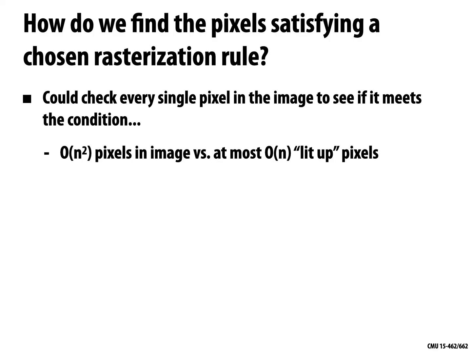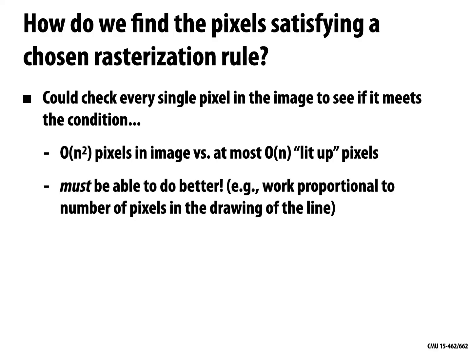And this is a little weird, because I expect that a line segment is going to cover at most about n pixels. A line is a linear kind of thing. It can't cover the whole image if it has no width. So it feels like I'm doing way more work than I need to be doing. There must be a way to do better.